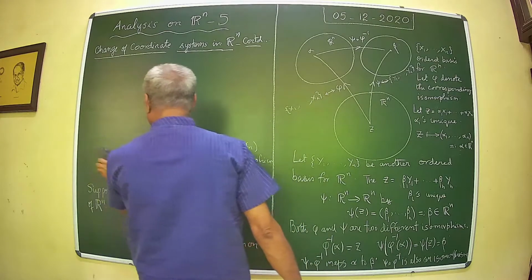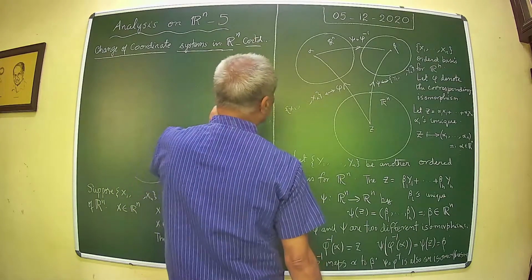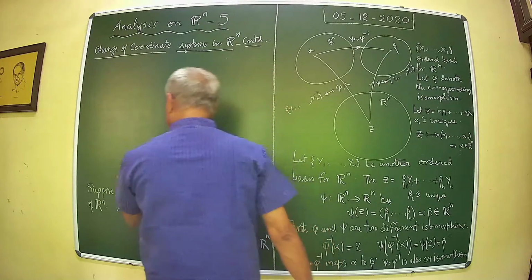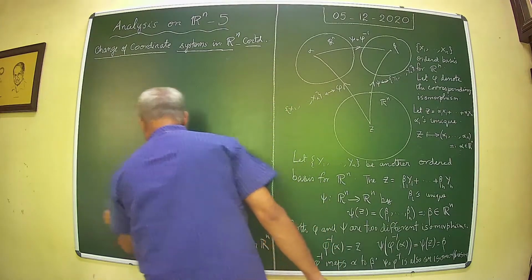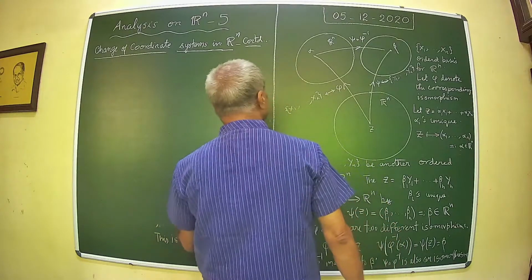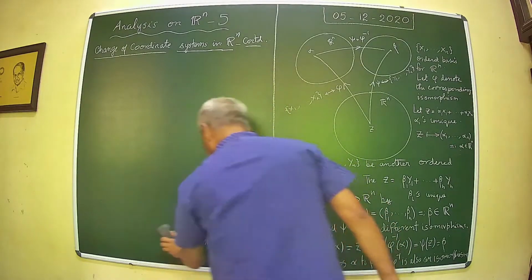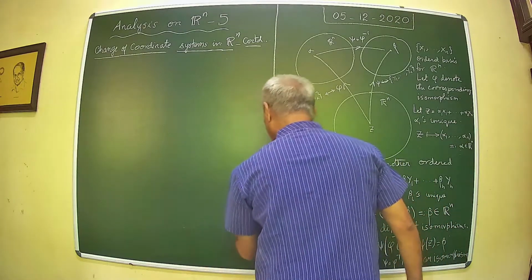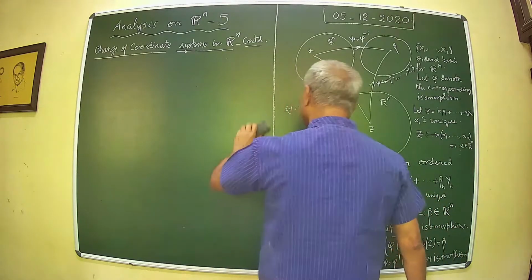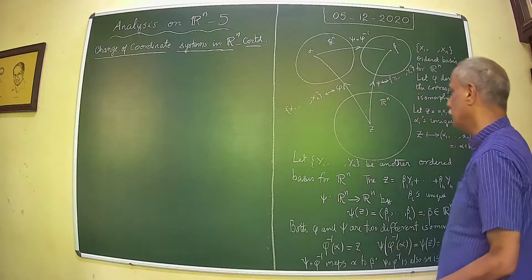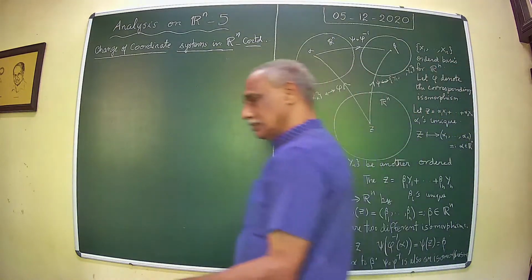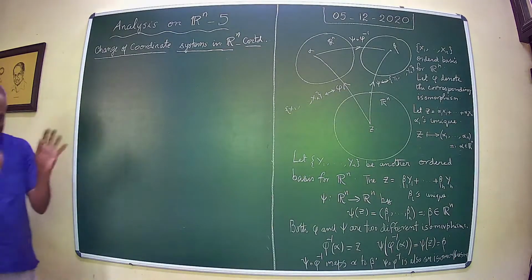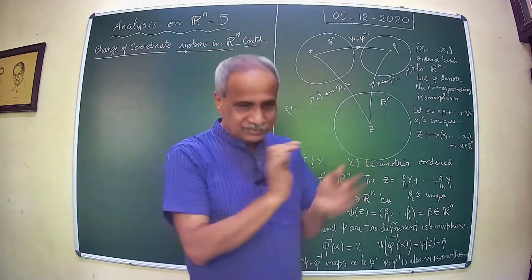So psi composition phi inverse will give you an isomorphism on Rn, which corresponds to the change of coordinates from x1, x2, etc., xn to y1, y2, etc., yn. Okay. So this is how the two things are connected.